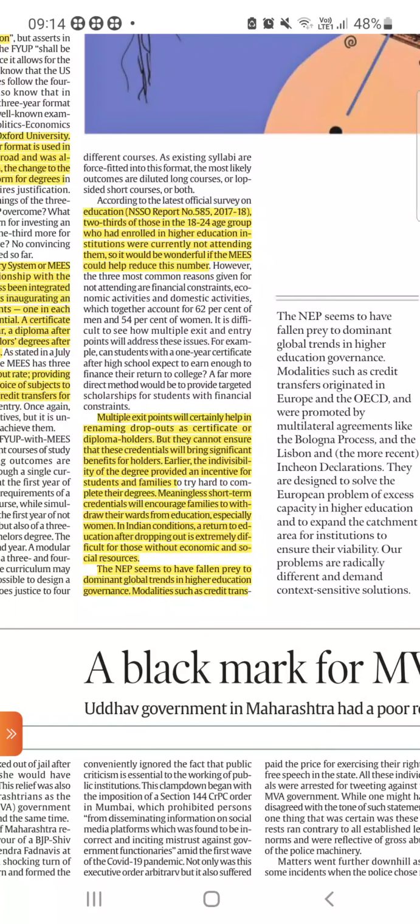Earlier, the indivisibility of the degree provided an incentive for students and families to try hard to complete their degrees. Meaningless short-term credentials will encourage families to withdraw their wards from education, especially women. In Indian conditions, a return to education after dropping out is extremely difficult for those without economic and social resources.